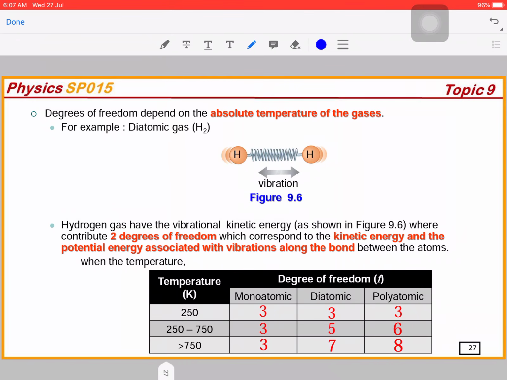When the temperature is around 250 Kelvin, monoatomic has 3 degrees of freedom, diatomic 3, polyatomic also 3. For temperatures between 250 and 750 Kelvin, monoatomic has 3 degrees of freedom, diatomic has 5, and polyatomic has 6. But for higher temperatures, more than 750 Kelvin, monoatomic still has 3, but diatomic will increase to 7, and polyatomic will increase to 8 degrees of freedom.